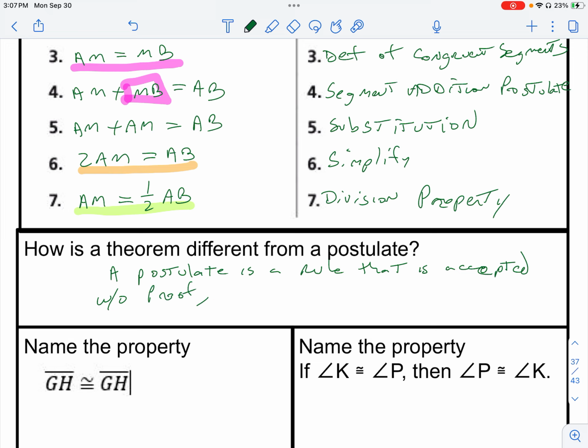But as we talked about earlier, a theorem can be proven.